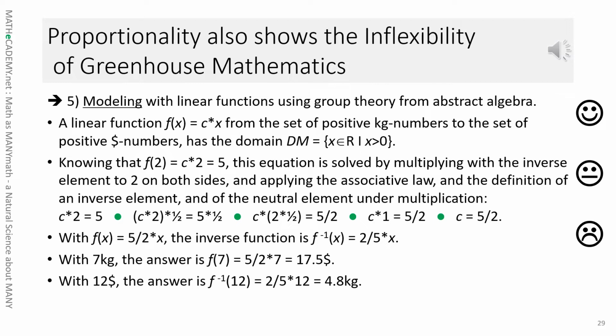With f(x) equals 5 over 2 times x, the inverse function is f^-1(x) equals 2 over 5 times x. With 7 kilograms, the answer is f(7) equals 5 over 2 times 7, equals $17.5. With $12, the answer is f^-1(12) equals 2 over 5 times 12, equals 4.8 kilograms.